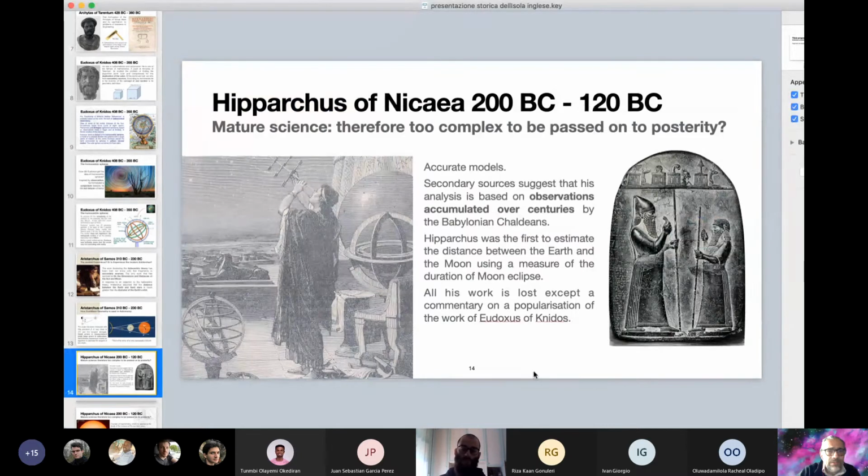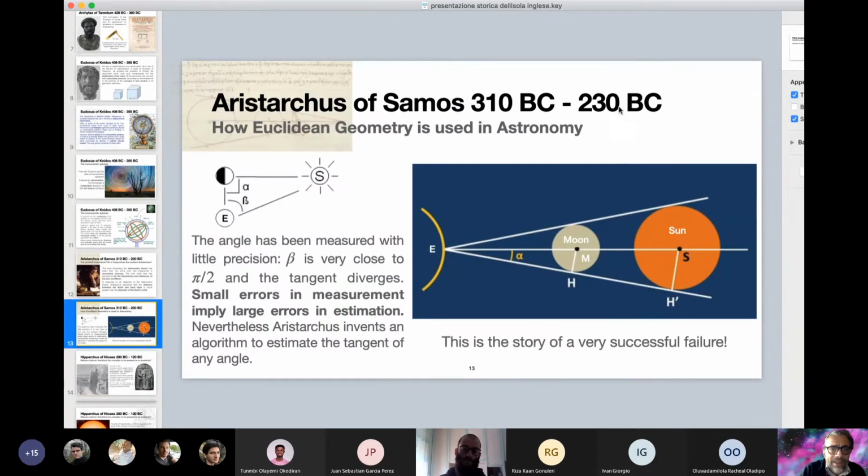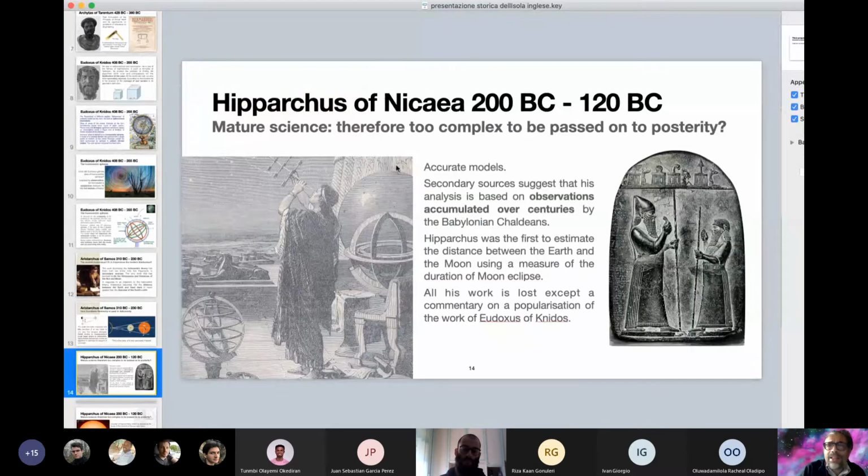Now, 30 years after the death of Aristarchus, Hipparchus of Nicaea was born. By the way, this is a drawing representing Hipparchus made during the French Revolution. You can see that people during the French Revolution considered Hipparchus more or less as one of their contemporaries.